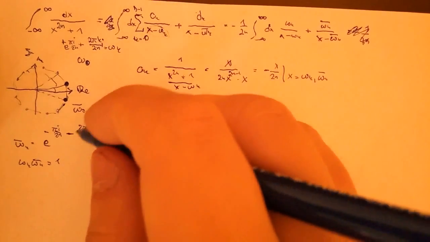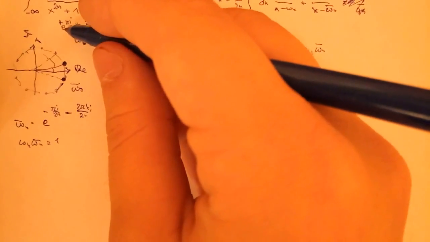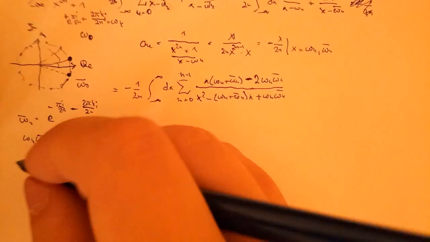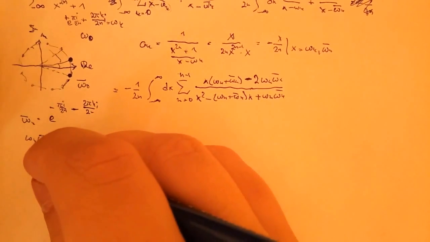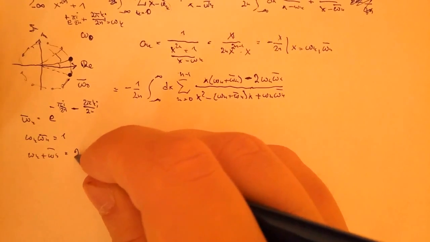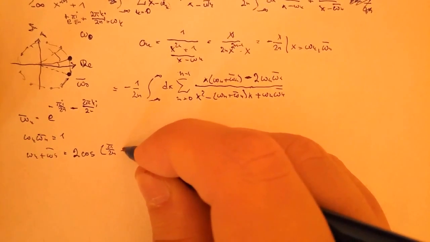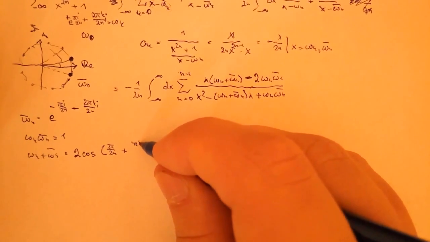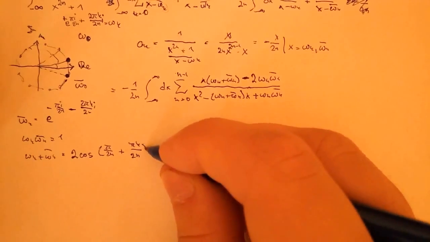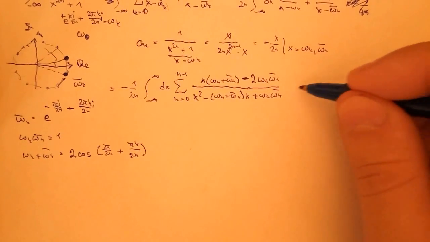And if you sum them up, you get cosine, because there is e to the power of something times i and e to the power of minus the same something times i. So omega k plus omega k conjugate is equal to 2 times cosine of pi over 2n plus pi k. I will cancel out these 2s over 2n.